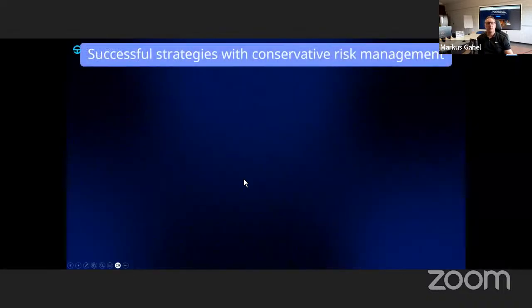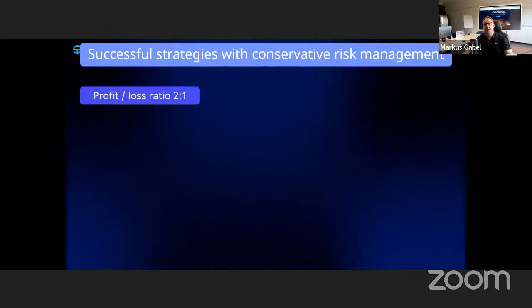So, you remember, with your approach, like using divergences with Heikin Ashi, for example, you use conservative risk management. How is this working? Let's say we have a profit-loss ratio of 2 to 1, and a win rate of 50-50.